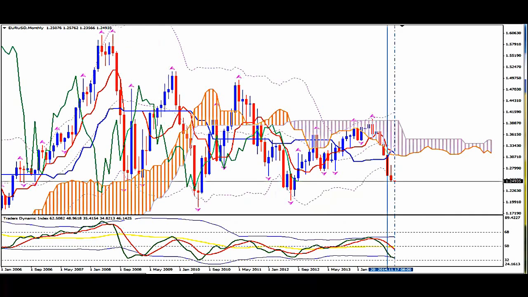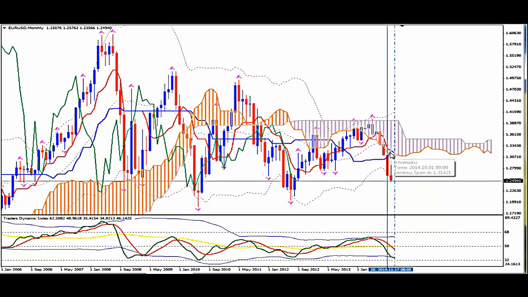Let's go to the monthly. On the monthly we see that the pair has been in a very deep fall, but it looks like it wants to resume its uptrend.